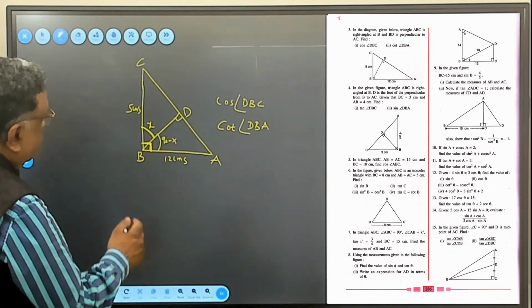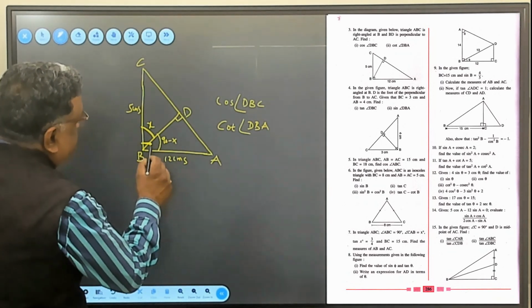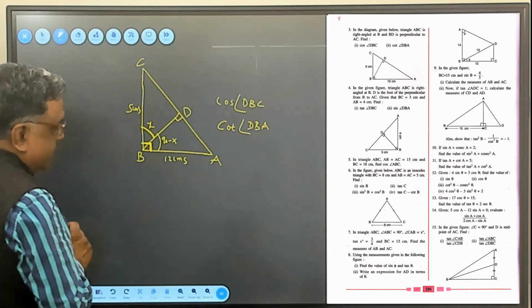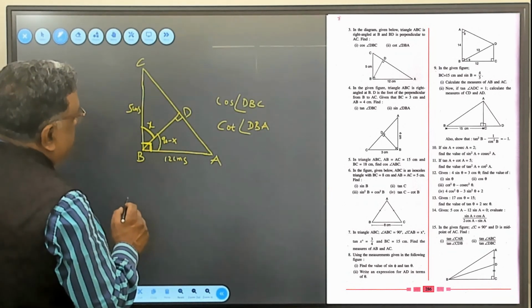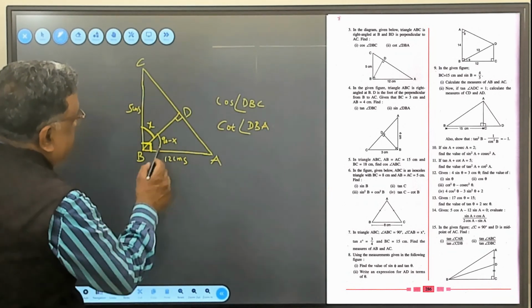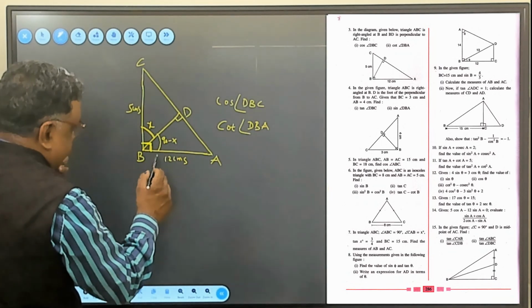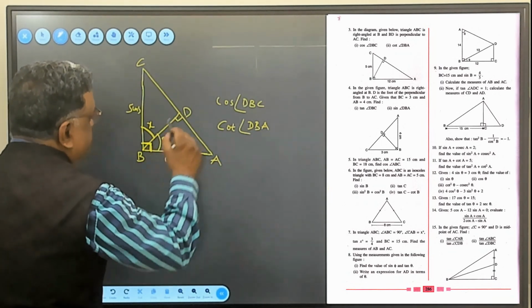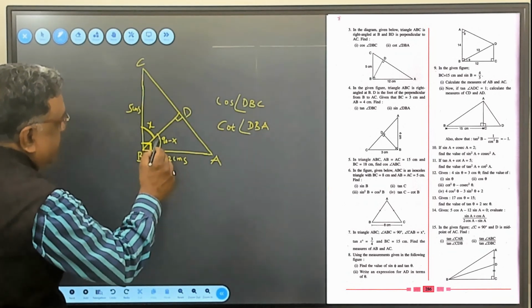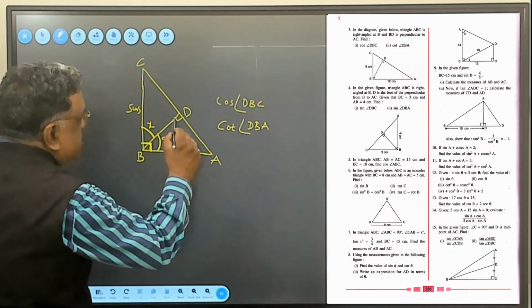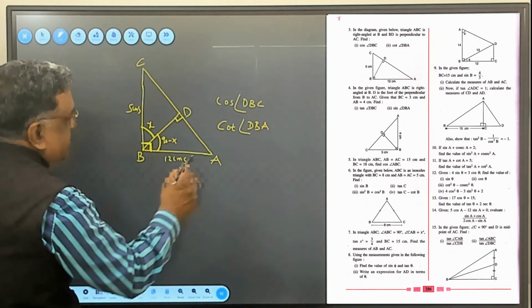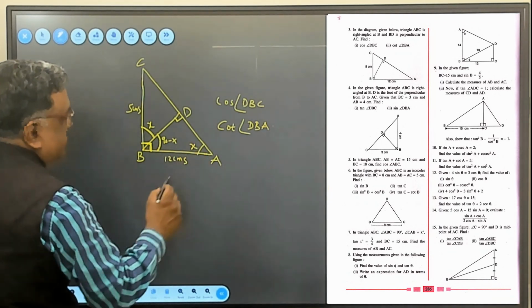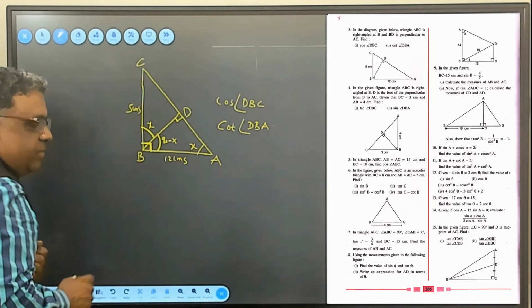Now, if this entire angle B is 90, correct? And this angle is 90 minus X. Okay, I'll talk about triangle BDA. If this angle is 90 minus X and this angle is 90, which means this angle will be again X, because the sum of all these three angles has to be 180 degrees.